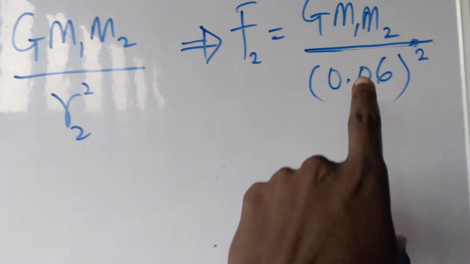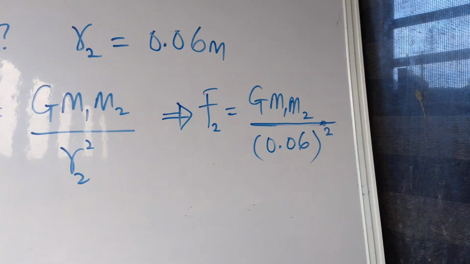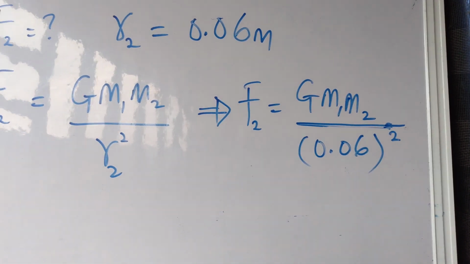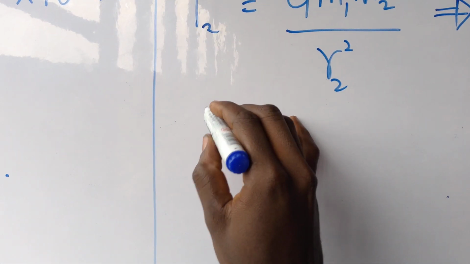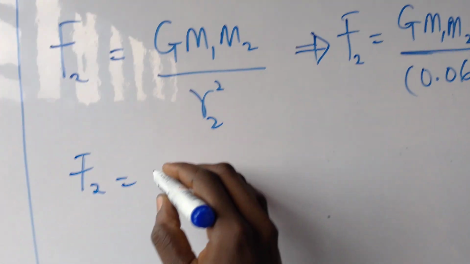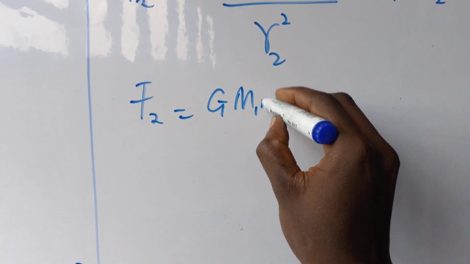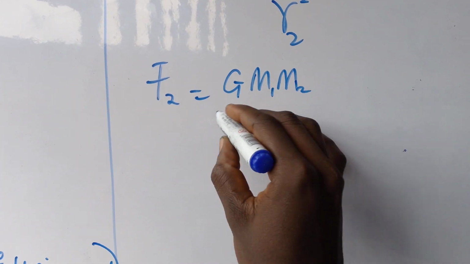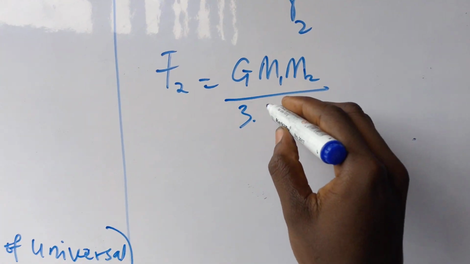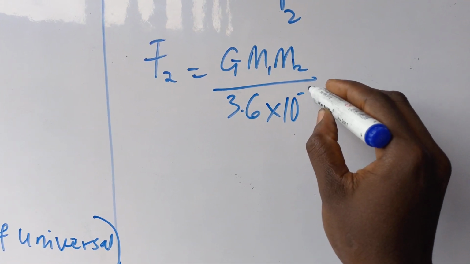Now if you check your calculator, 0.06 raised to the power 2, you'll be having F2 equals to G M1 M2 over 3.6 times 10 raised to the power minus 3.